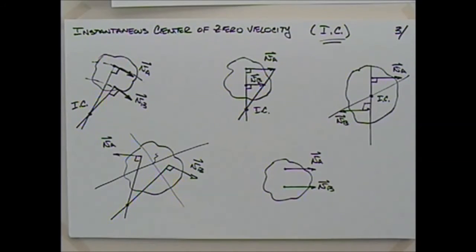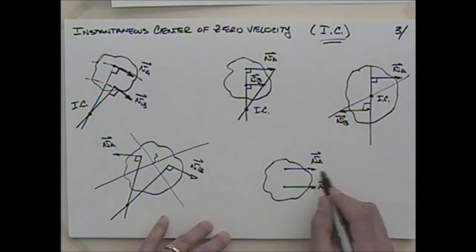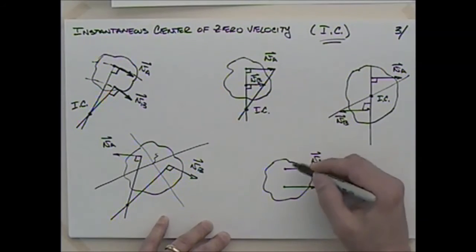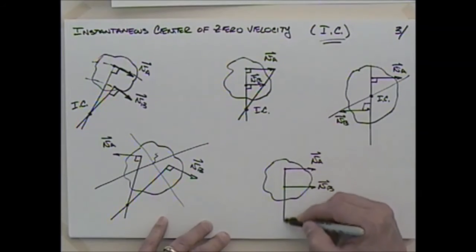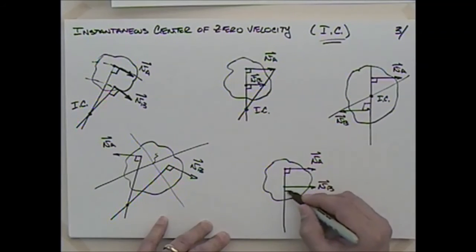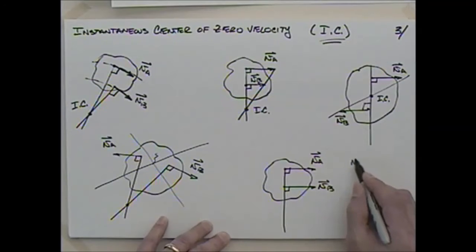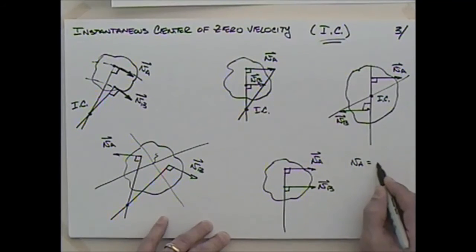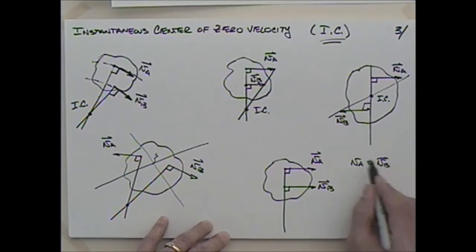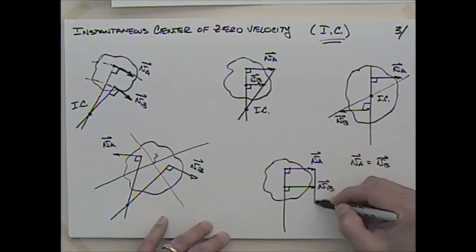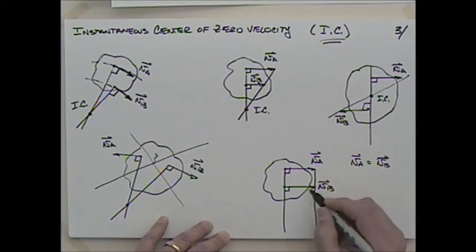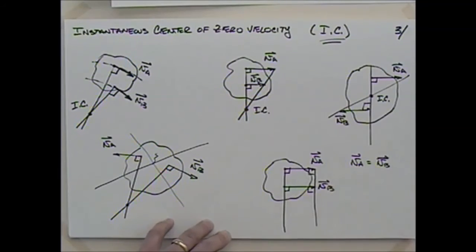Okay. The other one that actually can happen and we'll bump into is if I take these and let's say that these are parallel. So if I look at this, and if I say that the velocity of A is equal to the velocity of B, so they're of the same magnitude, when I do this, these lines are essentially parallel, aren't they?